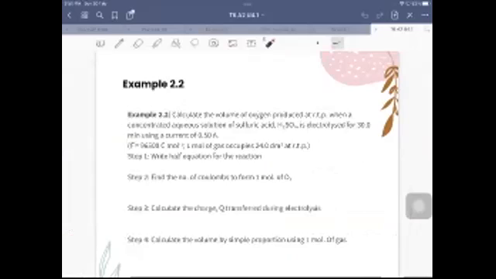Calculate the volume of oxygen. This time we are producing gas, that's why we quantify the volume. It is produced at room temperature and pressure when a concentrated aqueous solution of sulfuric acid is electrolyzed.